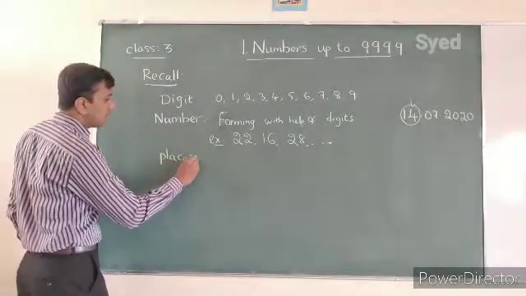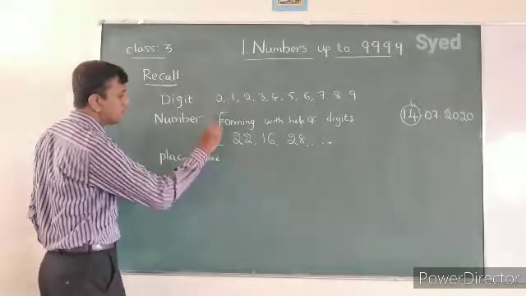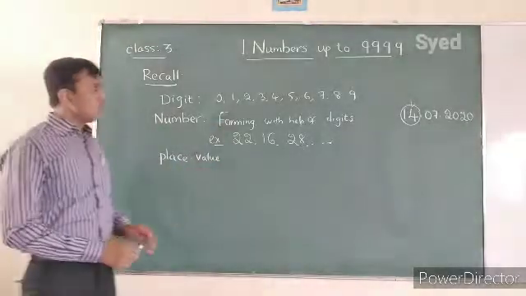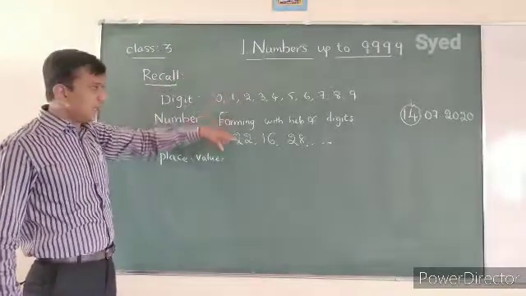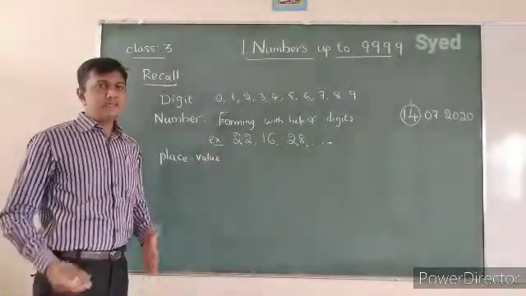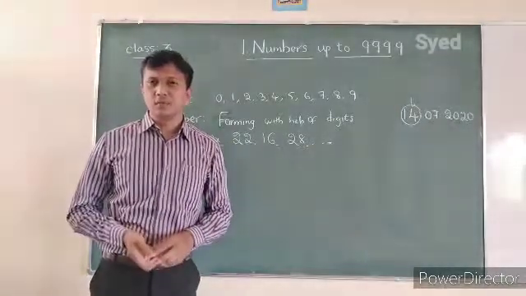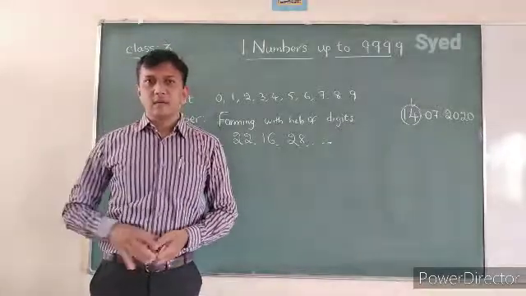Already we have discussed place value in second standard. When these digits are forming a number, they have some particular place. Take an example, one classroom. In the classroom, students will be sitting.